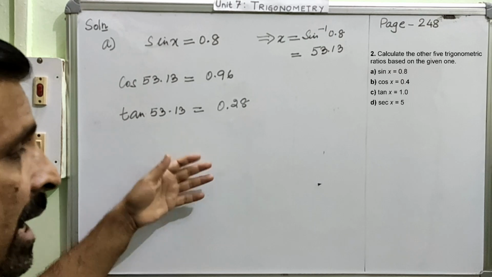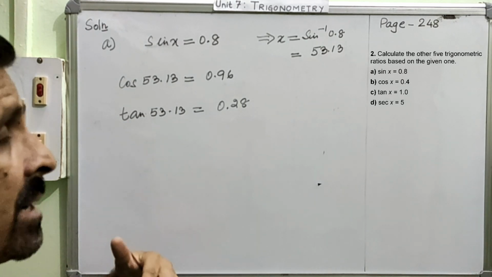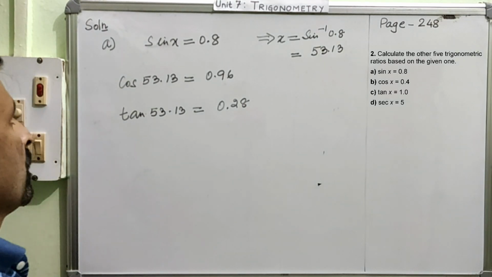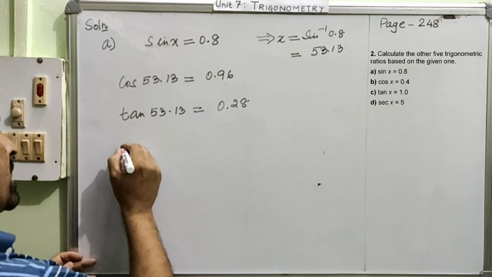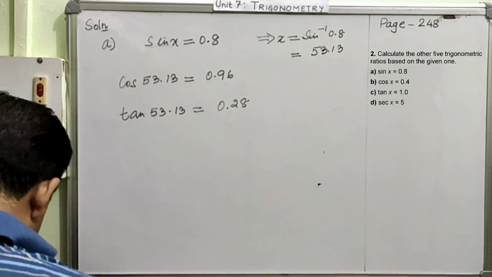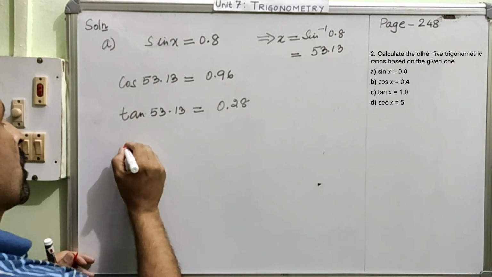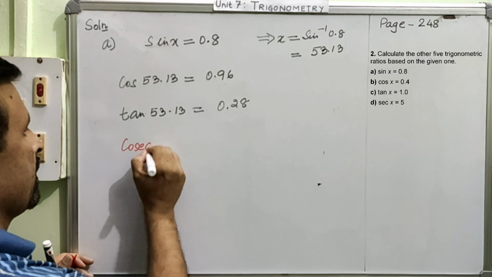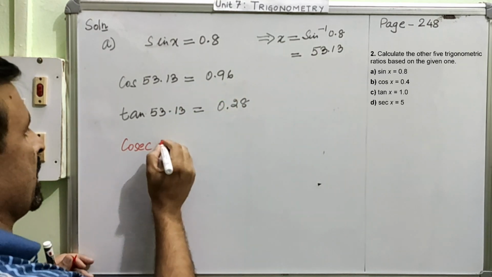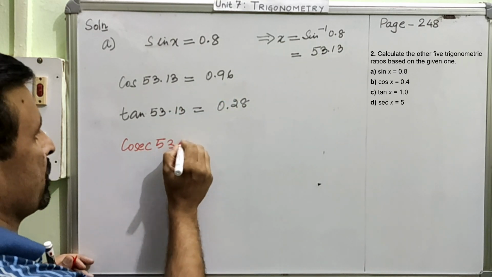Now we are moving on to the other trigonometrical ratios, which are called the reciprocals. So now the reciprocal of sine x is cosec x. So first of all, I am going to calculate the value of cosec x with a different color. Cosec x, and x is 53.13.